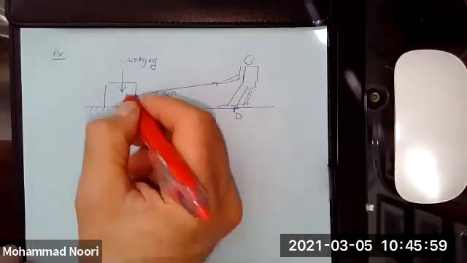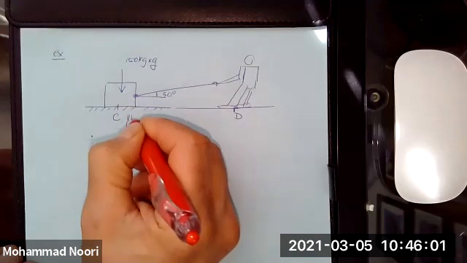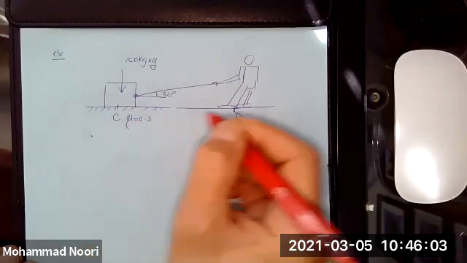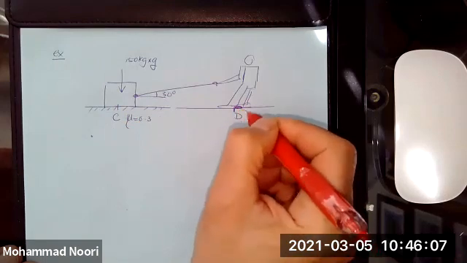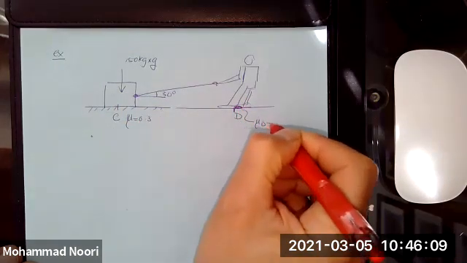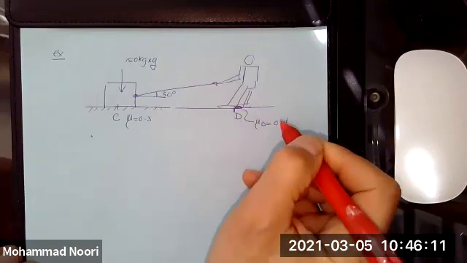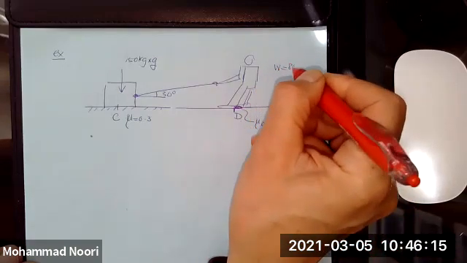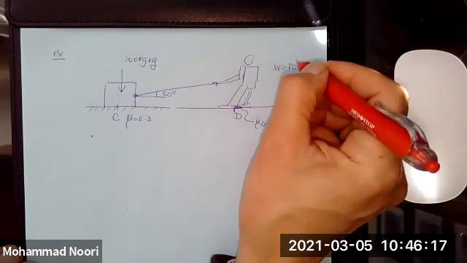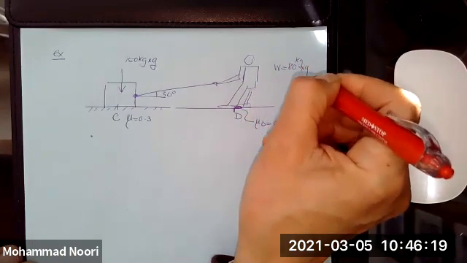The coefficient of friction between the crate and the floor is given as 0.3, and the coefficient of friction between this guy's shoes and the floor is also given as 0.4. And this guy's mass is 80 kilogram, so he weighs 80 times g.